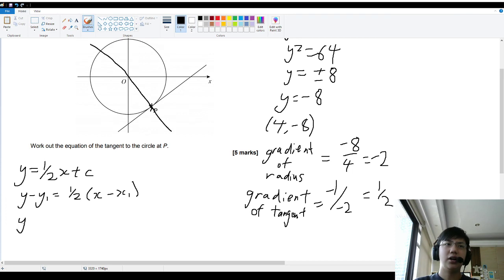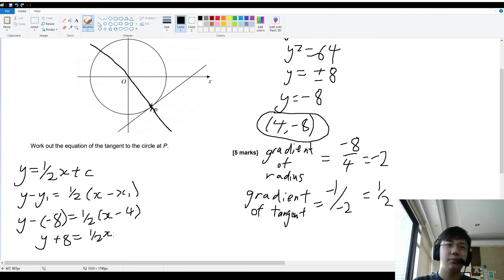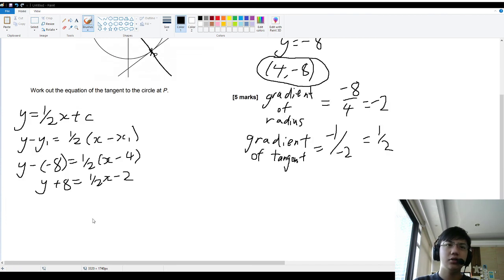So y minus negative 8 equals 1 half times x minus 4. Since we know that the point is 4, negative 8, so we substitute 4 and negative 8 here. So y plus 8 equals 1 half x minus 2. Y equals 1 half x minus 10, giving us our answer.